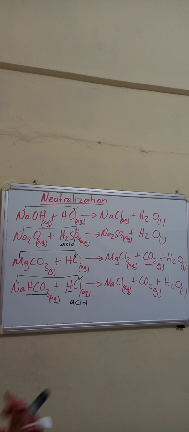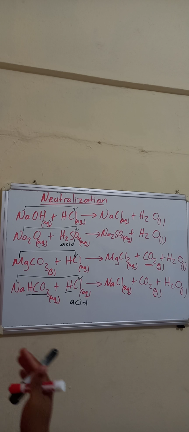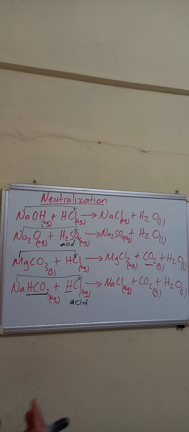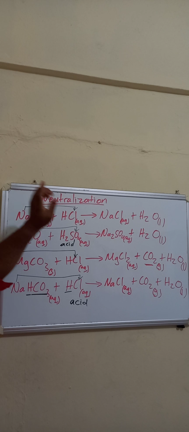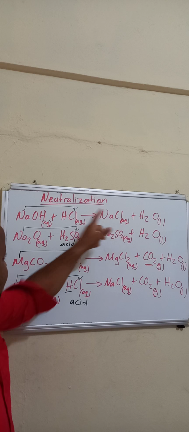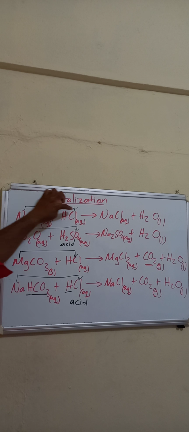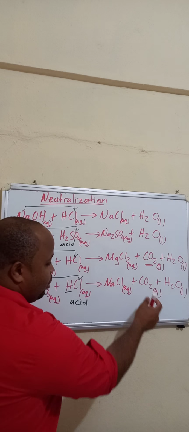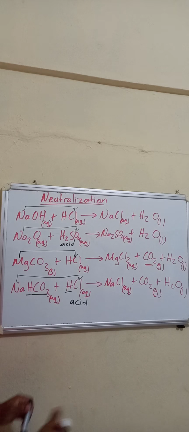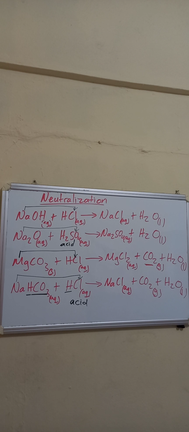Just ensure that you remember what to get when you react a particular compound. So when it's the metal hydroxide with the acid, you get the ionic compound, which is formed, and water. Once it's the carbonate or hydrogen carbonate with the acid, you get an additional compound, CO2. Alright, so that's it for neutralization.